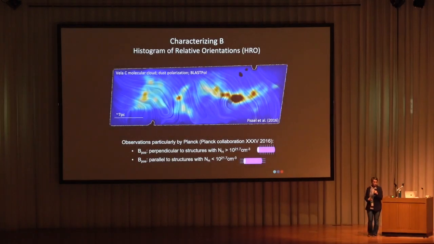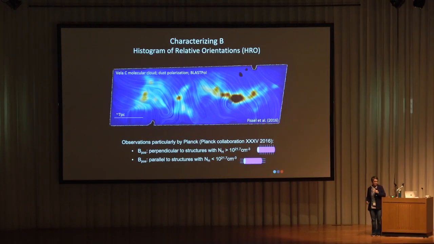We can also quantify the geometry of magnetic fields, and for this purpose, histograms of relative orientations, or HRO, have been used. Using HRO, observations have shown that on cloud scales, magnetic fields tend to be perpendicular to filamentary clouds in high density regions, and they tend to be parallel to them in low density regions.